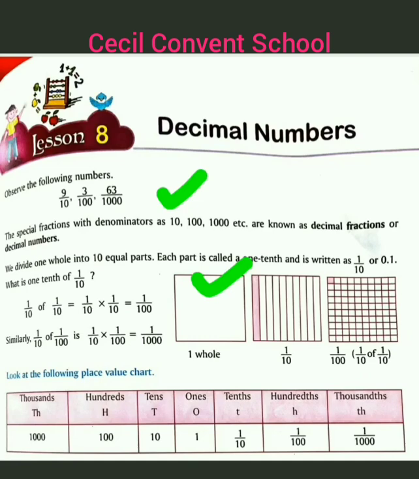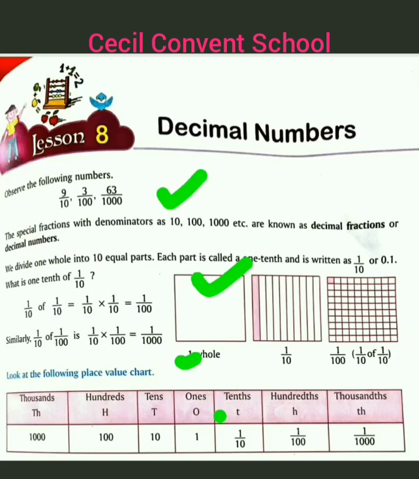And there is a decimal number place value chart. In between that a dot will come. Before the dot we consider ones, then comes tens, then hundreds, then thousands, and so on. But after this dot we consider the decimal part. Clear? In the decimal part, first comes tenths.